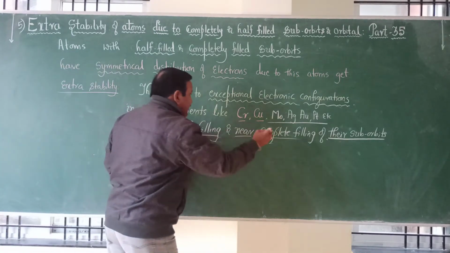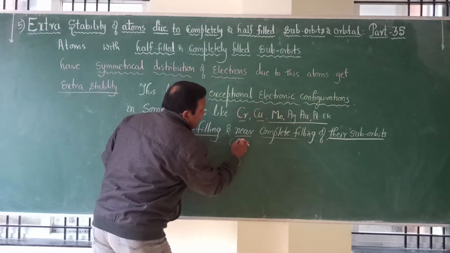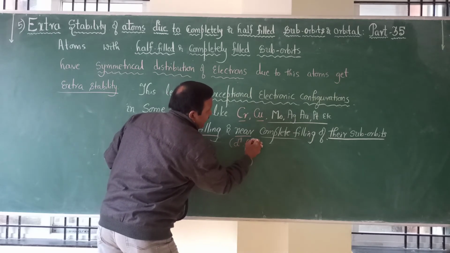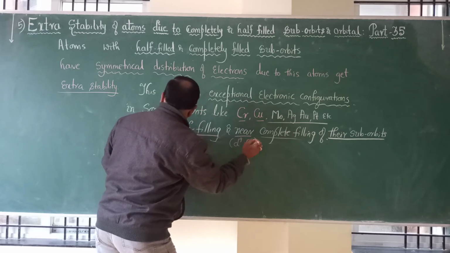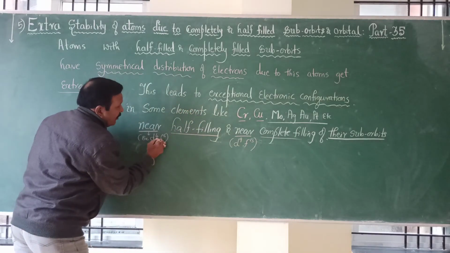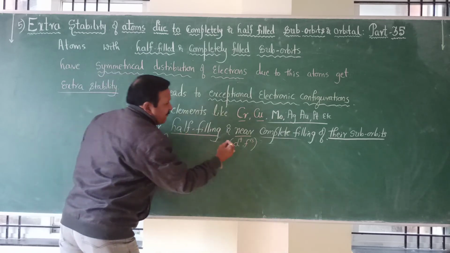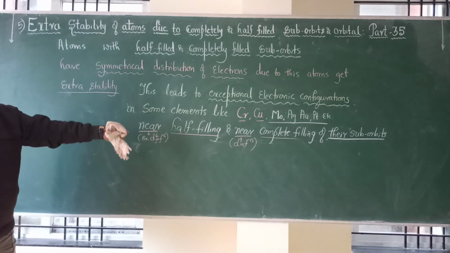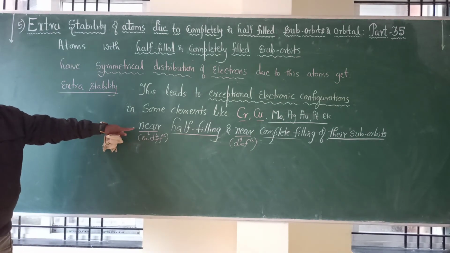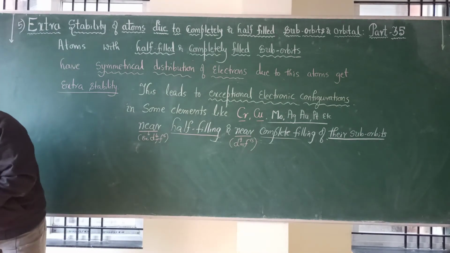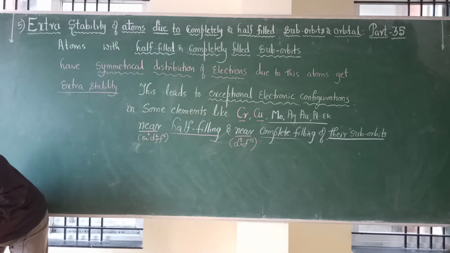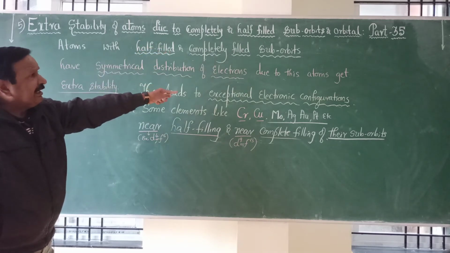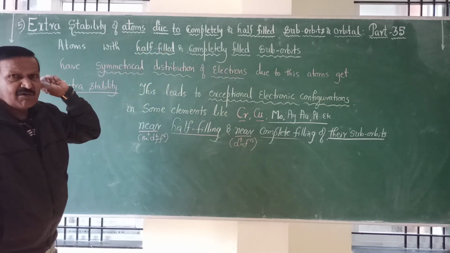And for near complete filling you have d9 and f13. So d4 or f6, d9 or f13. This is what we mean by near half filling or near complete filling. And this we are going to explain in electronic configuration, which comes under exceptional configuration.